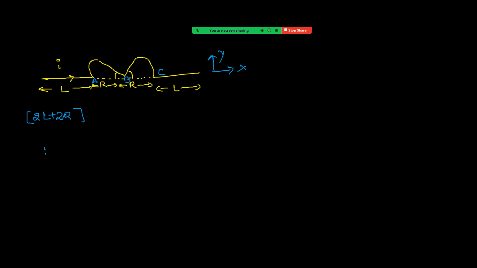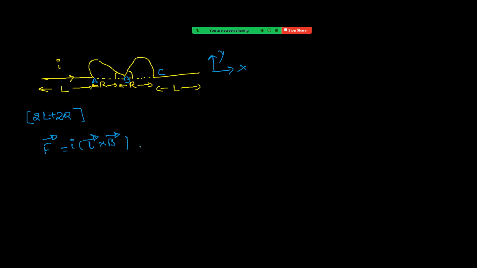Now see magnetic force F bar equal to I into L bar cross B bar. Okay. So here L bar is now along x-axis.